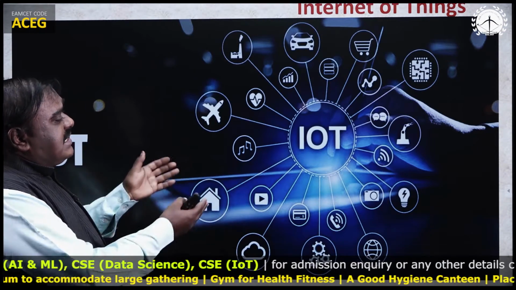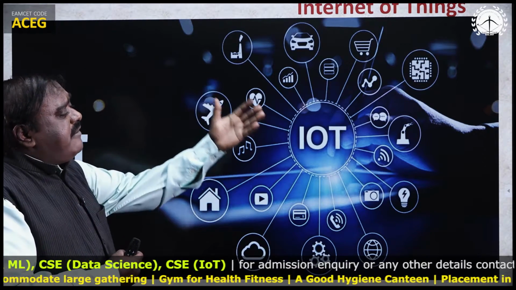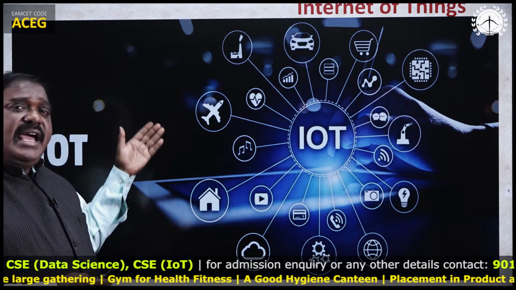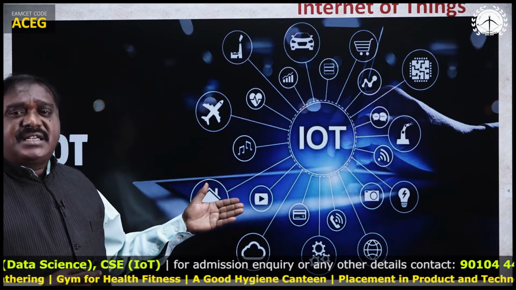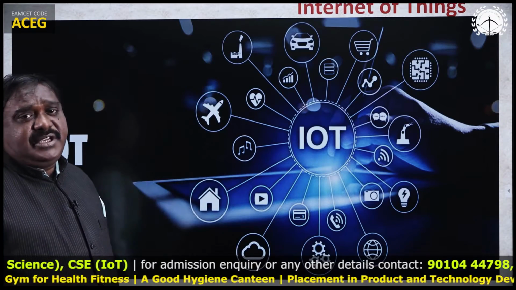If you see this slide here, through IoT technology we are connecting every sector: aeroplane sector, manufacturing sector, health sector, automobile sector, education sector. Everything we are automating through IoT.